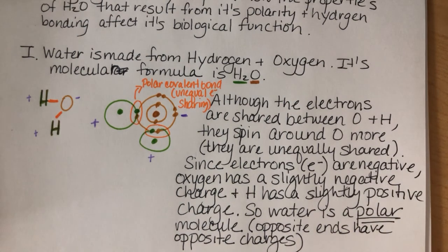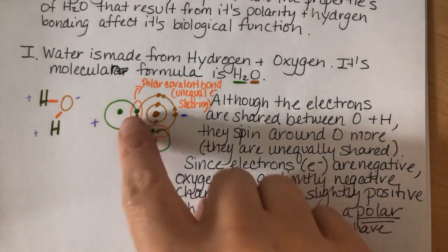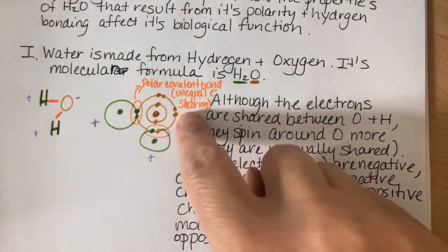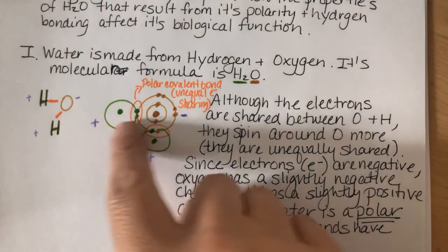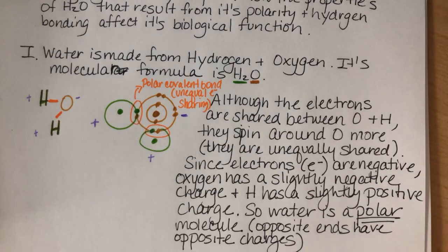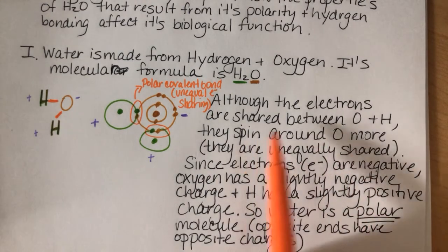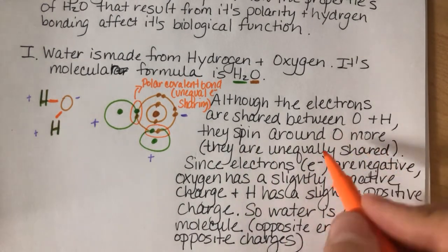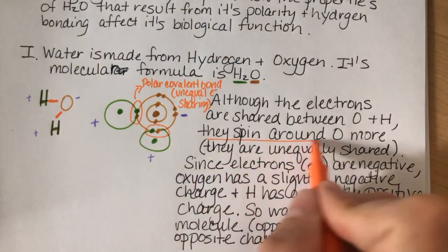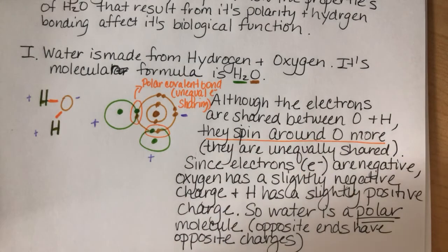And so the fact that oxygen pulls electrons, draws electrons towards itself, we would say that oxygen is what we call more electronegative. I don't know if you've ever heard that word before, but they spin around oxygen more. All right, so right here, that gives it the charge.